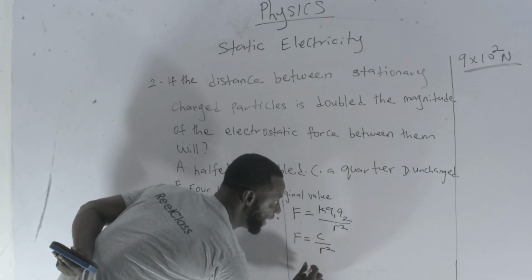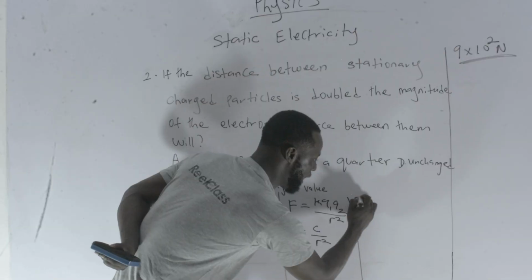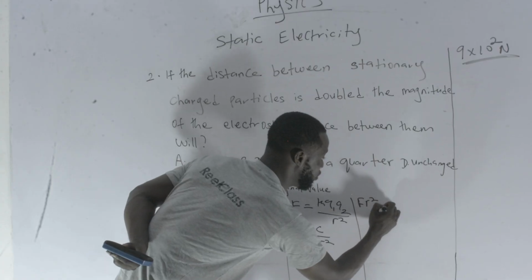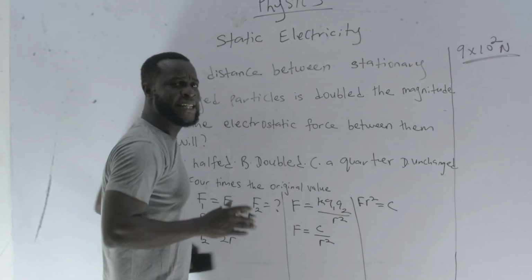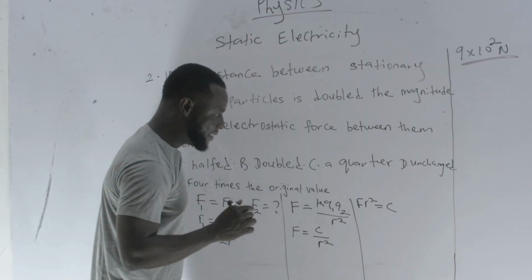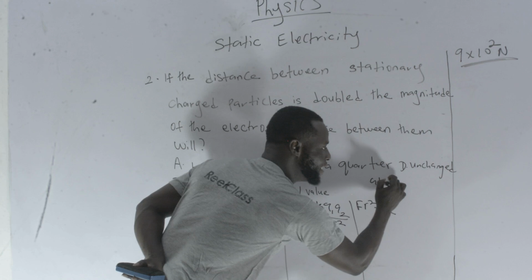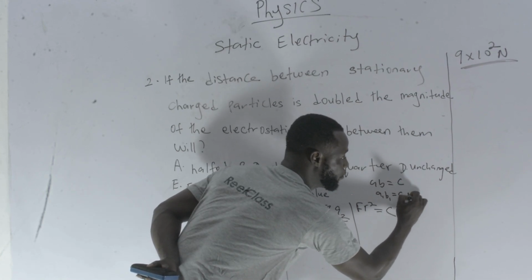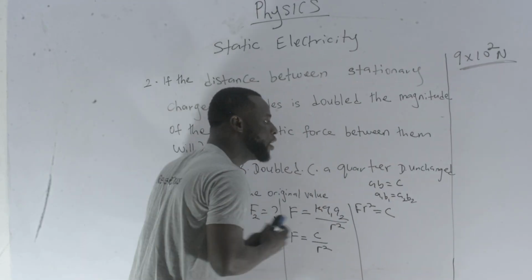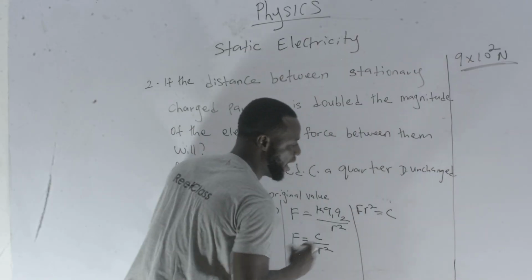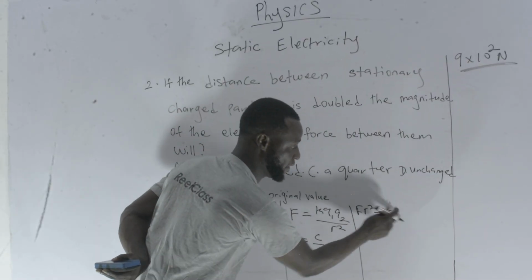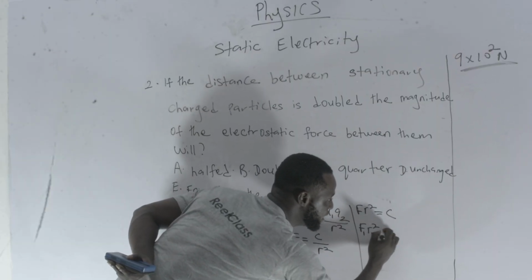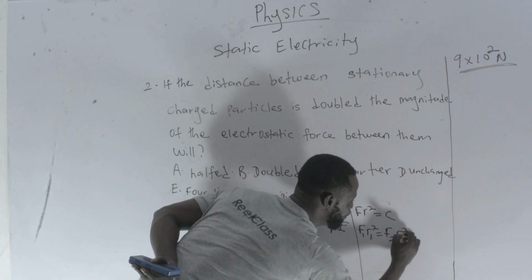Now if I cross multiply, I'm going to have F R squared is equal to C, my constant. It's a basic law in mathematics that if I have AB is equal to constant C, then I can say A1 B1 is equal to A2 B2. This is a basic law in mathematics. So therefore, if I have F R squared is equal to C, then I can say that F1 R1 squared is equal to F2 R2 squared.